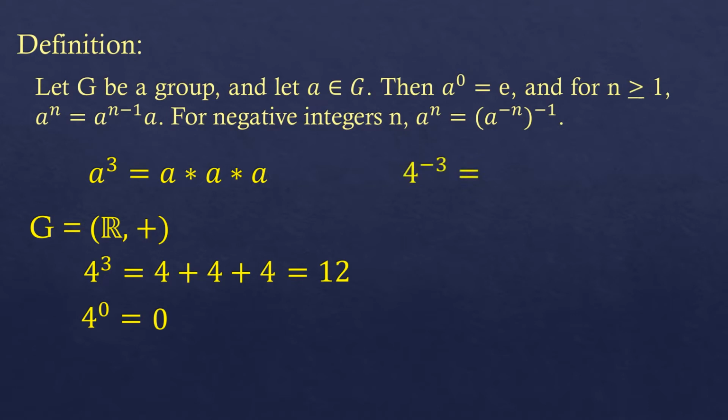Now, if it's a negative exponent, as we have in the definition, if we are going to substitute based on its definition, it's going to be like this: 4 to the power of negative of n, where n is negative 3, to the power of negative 1. So if we're going to solve this, we will expect that the answer must be just the inverse of 4 cubed, because it's 4 to the power of negative 3.